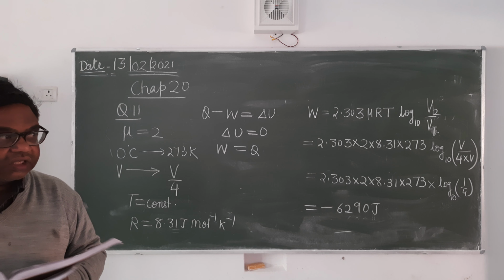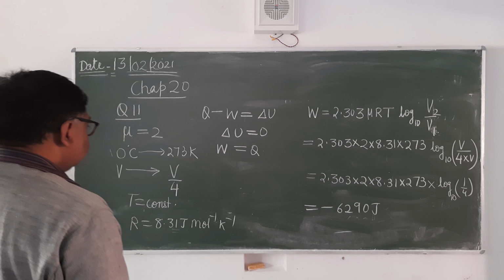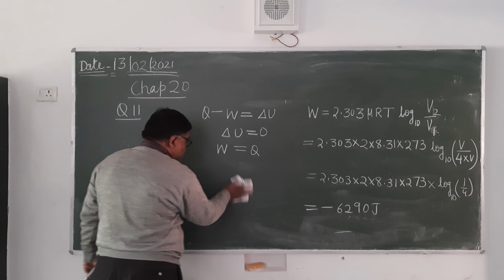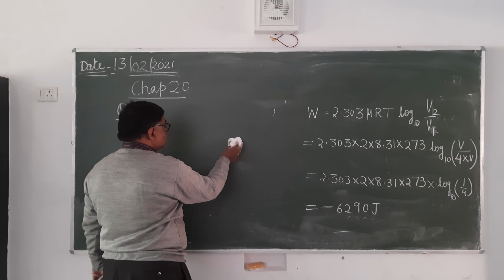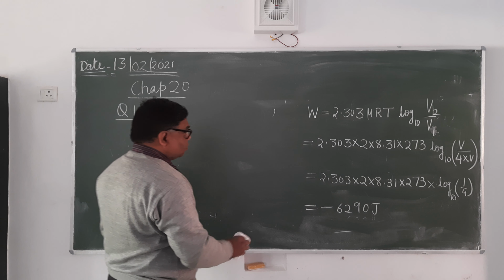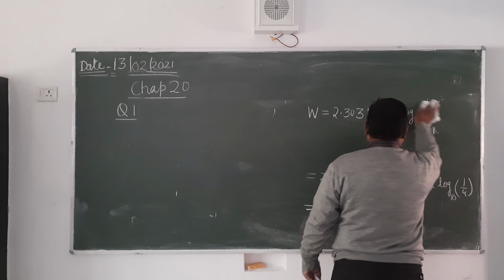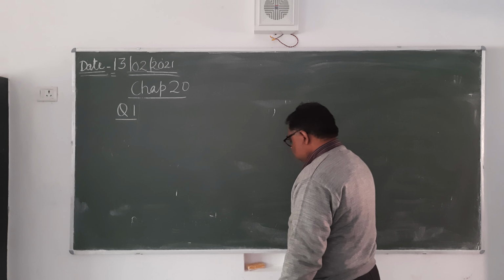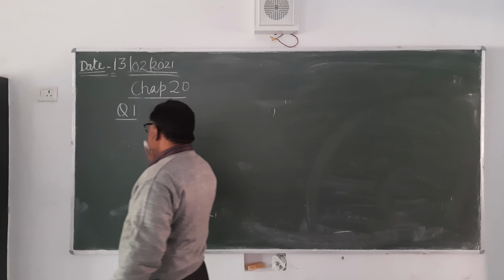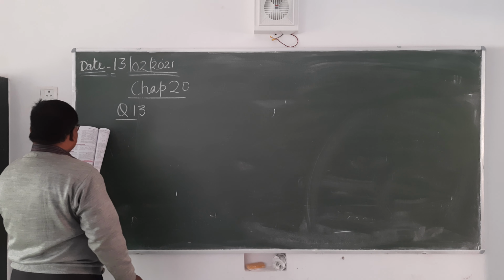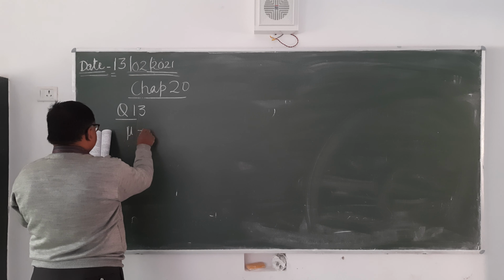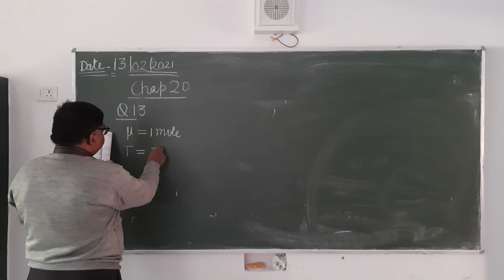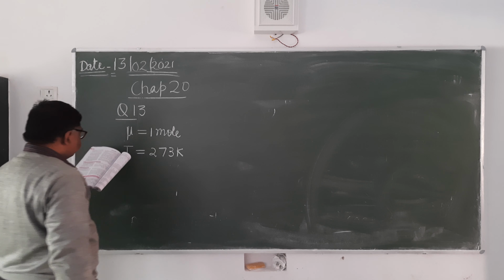Now all of you see question number 13. One mole of oxygen at NTP. NTP means what is the temperature? 273 Kelvin. P is 1 atmospheric pressure.